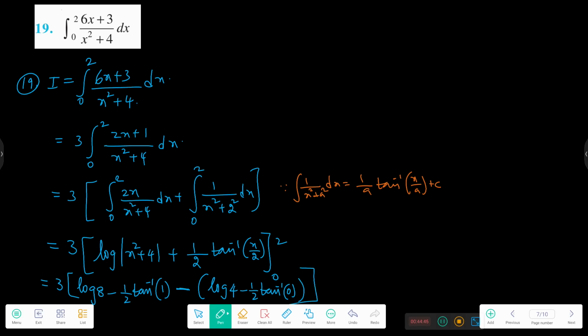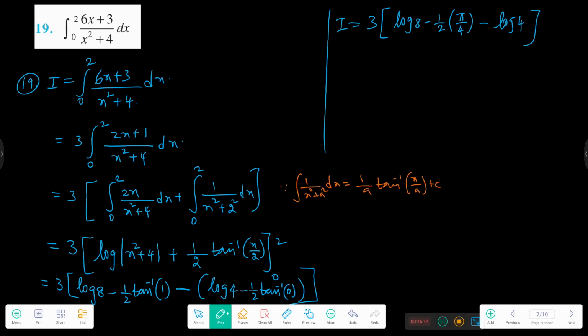Okay, we can simplify this. Outside we have 3 commonly, and log 8 minus 1 by 2 into tan inverse 1, that will be pi by 4, pi divided by 4, minus log 4, and tan inverse 0 is 0, that you leave.